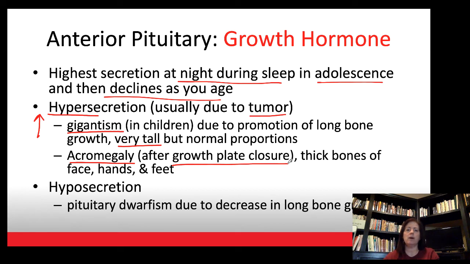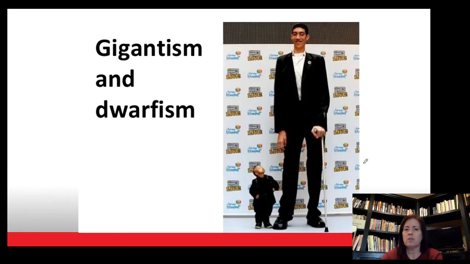So if you think about our long bones, and we've got the little epiphyseal plates at the ends of them, if those epiphyseal plates have closed up and you're not able to have long bone growth in length anymore, those bones will just get thicker. Okay? So that's what we see with acromegaly. You basically see the bones get really thick. They don't grow any longer. They just get thicker. And so that looks like this.